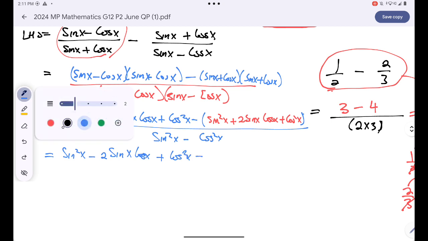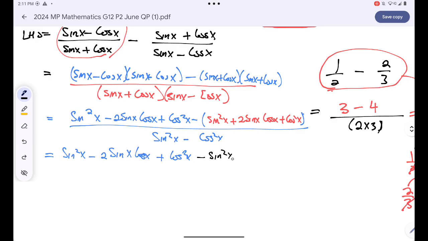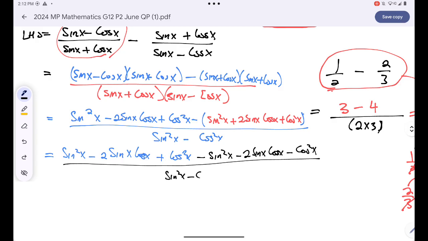Now let's remove the bracket: I'll have minus sine squared x minus 2 sine x cos x minus cos squared x. This is all over sine squared x minus cos squared x.